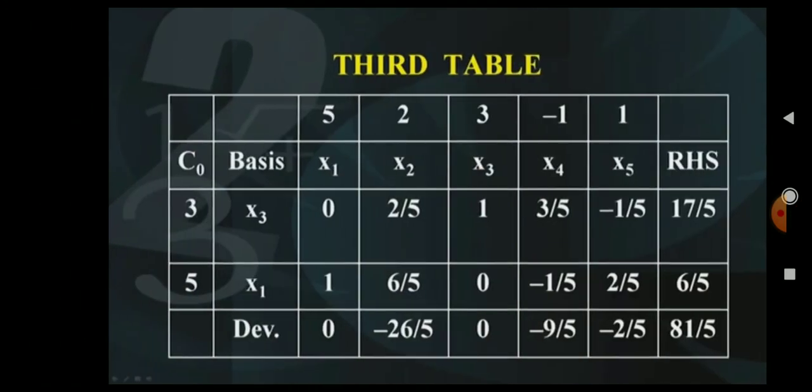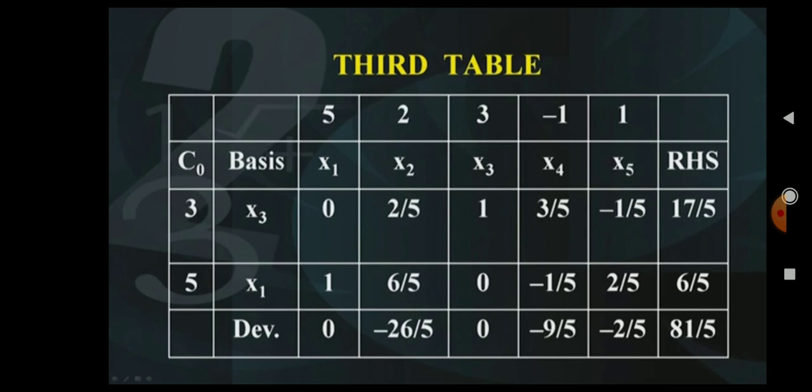Now we have the third table, after following the same procedure. As you have x3 in the first row, it will get 1 and 0 for the column under x3, and similarly the column under x1 will get 0 and 1, as is the property of basic variables.